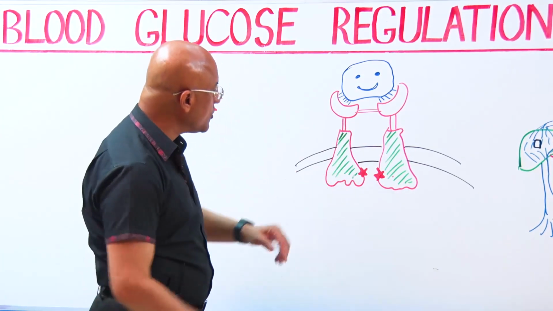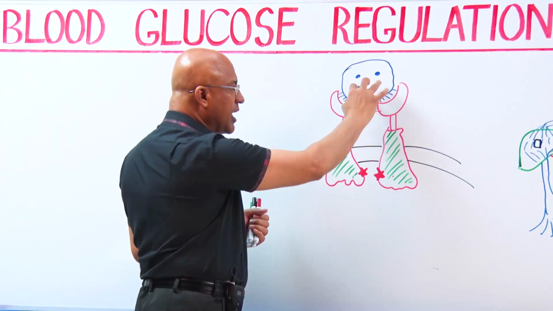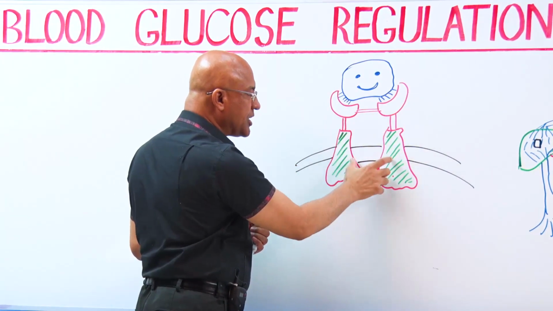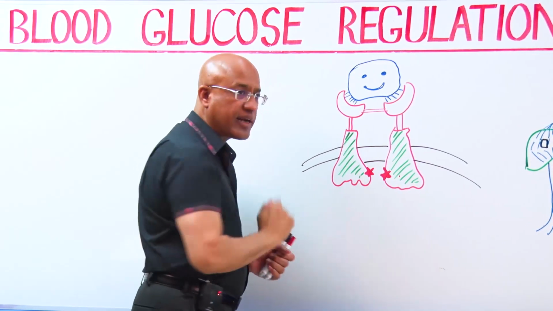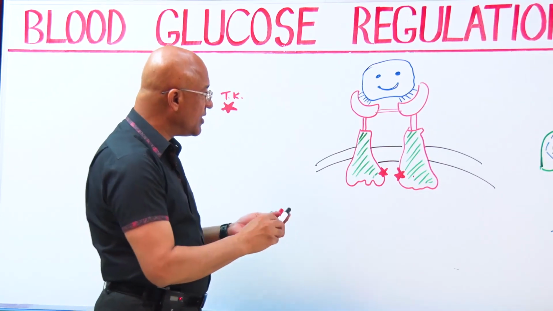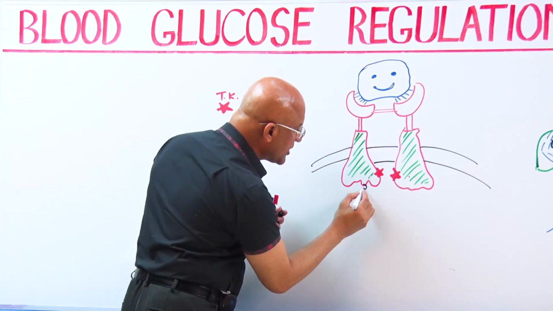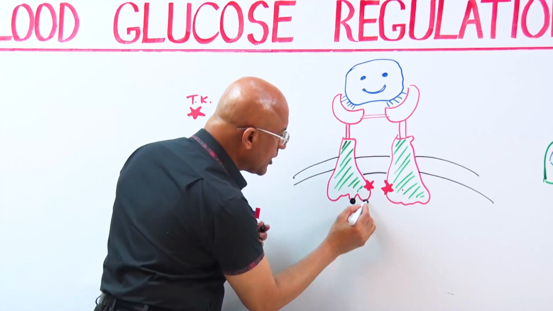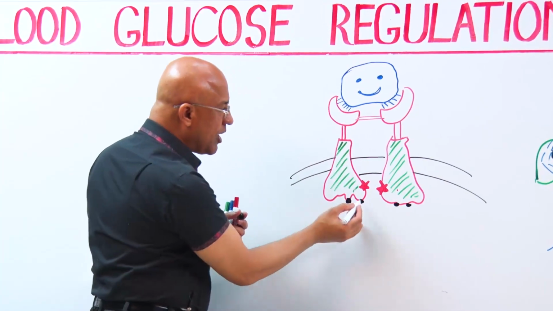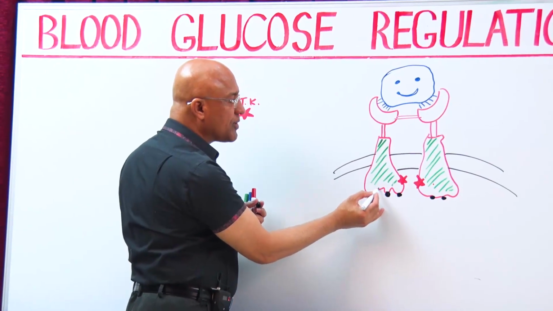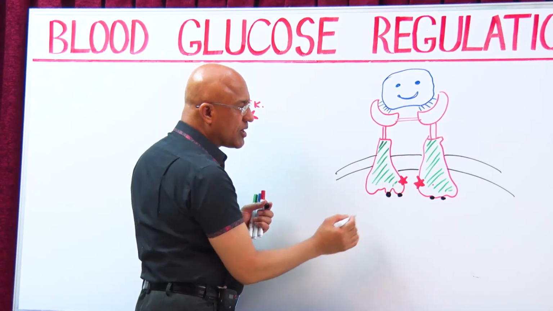When insulin comes, the alpha units are activated, the beta units are activated, and eventually the intrinsic tyrosine kinases are activated. Let's suppose here is the tyrosine kinase, and here are tyrosines. Tyrosine is just an amino acid that is part of the beta unit.